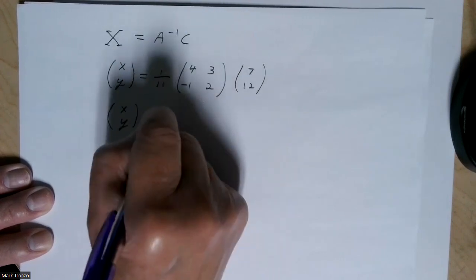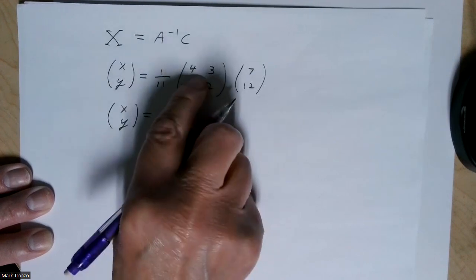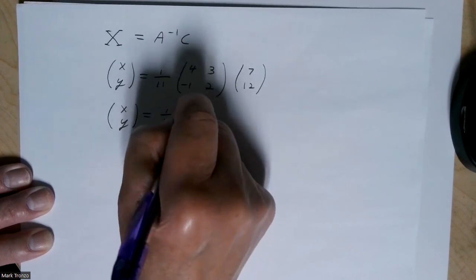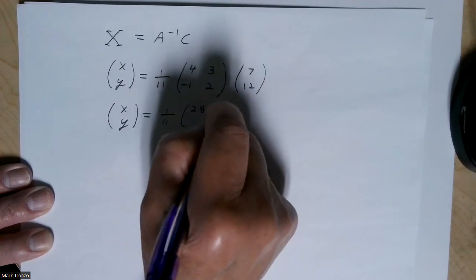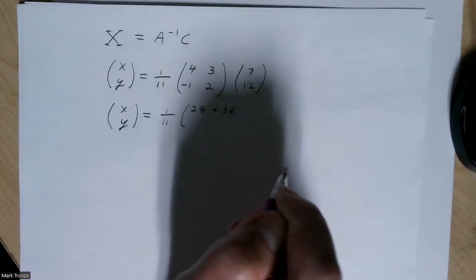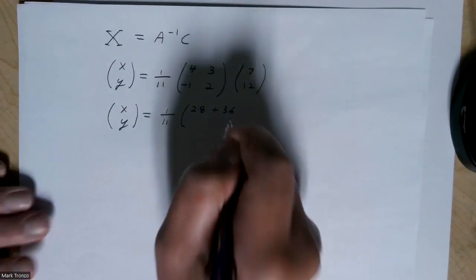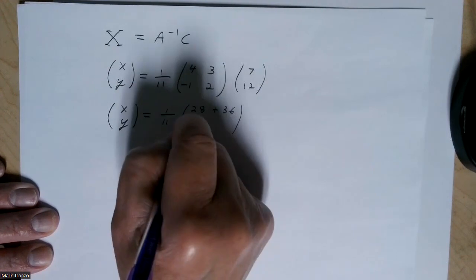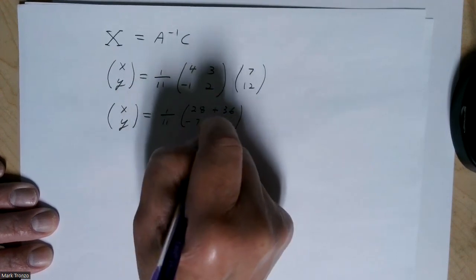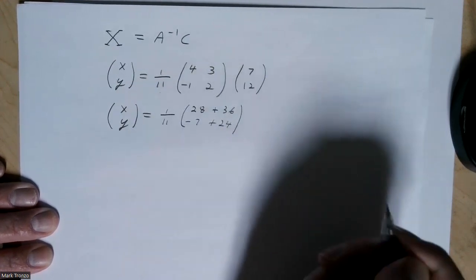Multiply this times this. So that's going to be 28 plus 36. And then this times this column, minus 7 plus 24.